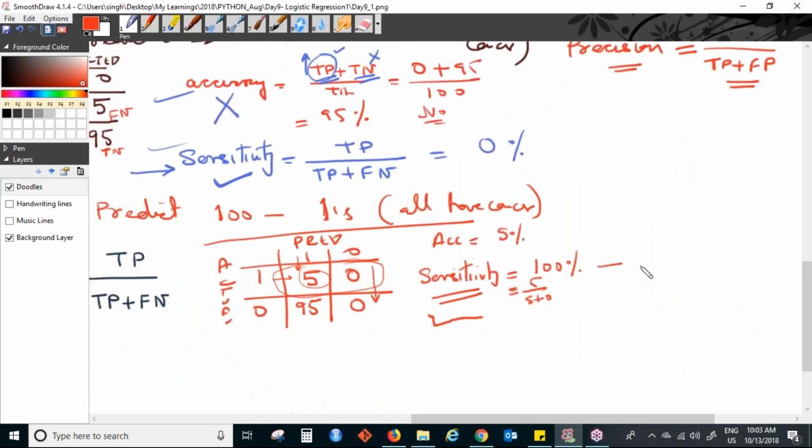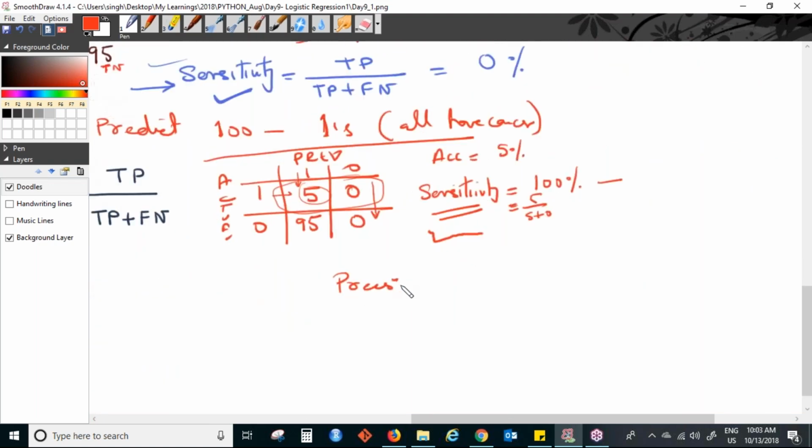So let us calculate the precision in this case. What will that be? It will be 5 divided by 100, and it will be only 5%. So precision will tell you that whatever you are predicting is not good, because if you predict 100 patients have cancer, only 5 of them actually will have cancer.